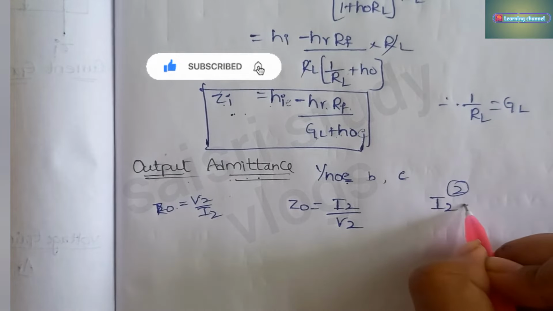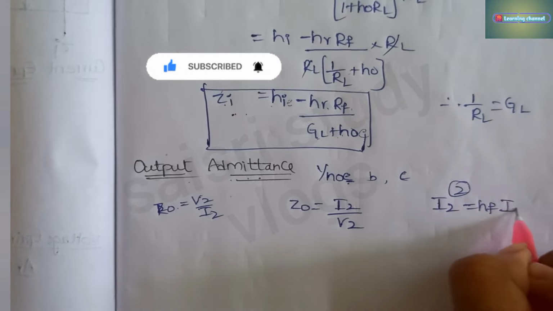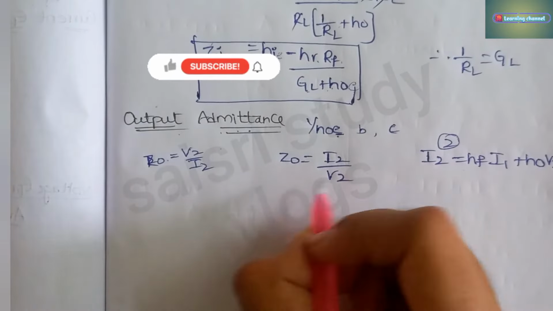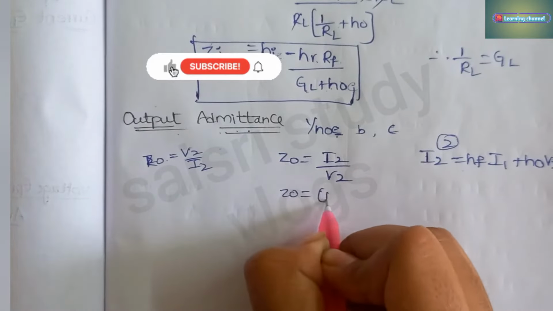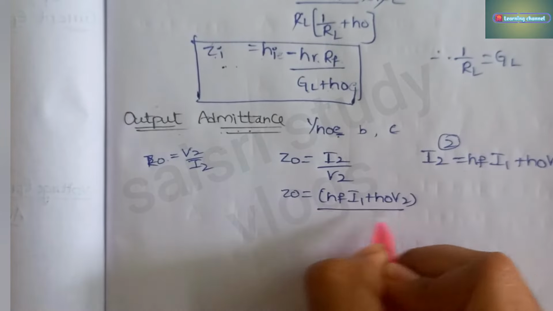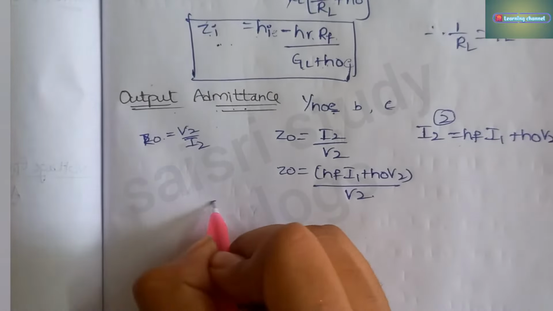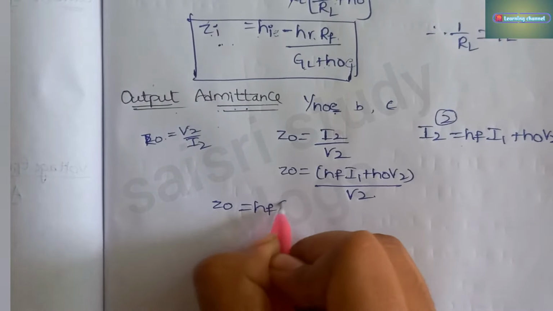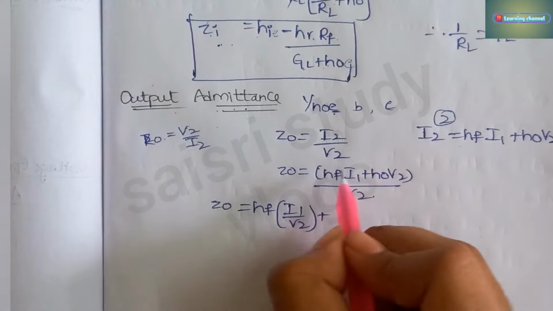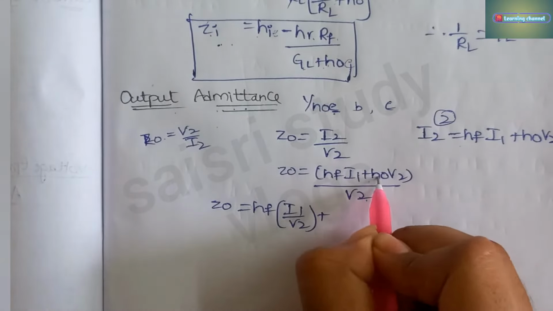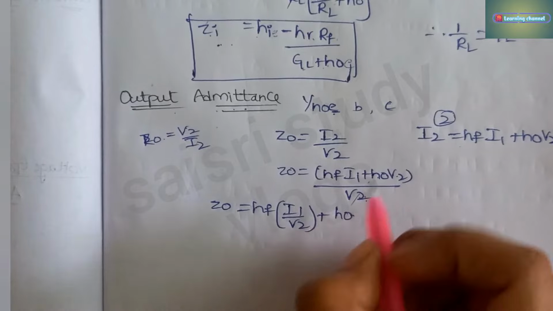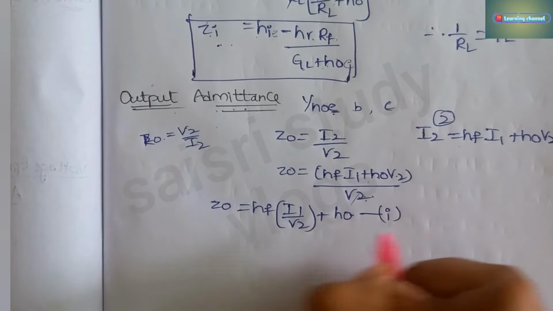From equation 2, I2 is equal to HF I1 plus H naught V2. Substitute the I2 value here: Y naught is equal to (HF I1 plus H naught V2) divided by V2. Splitting the terms, Y naught is equal to HF I1 by V2 plus H naught V2 by V2. Then V2 gets cancelled, so we get H naught. Let this be equation number 1.